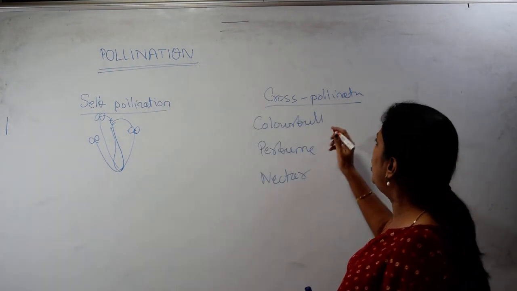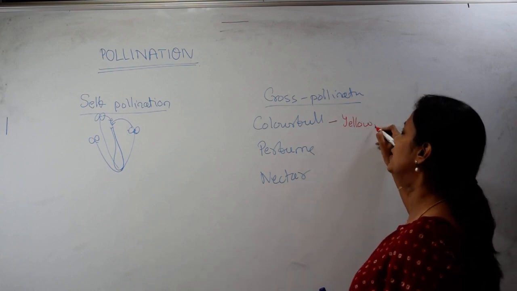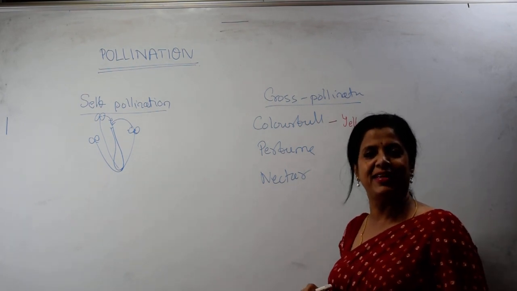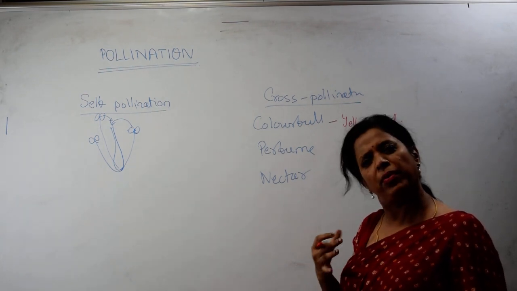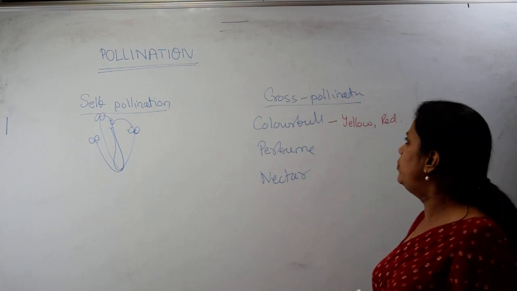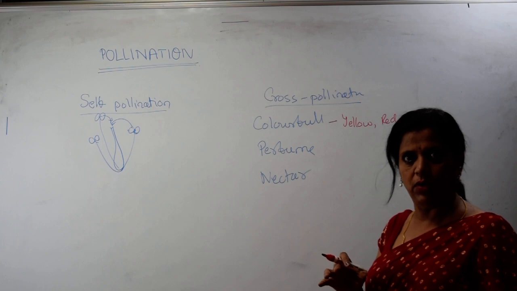I told you, normally the insects get attracted by yellow color and red color. Red color attracts the insects more, and next is yellow. Most of the time the insects will not identify the other colors. Therefore, mostly reddish, orange or yellowish flowers will have such colors.